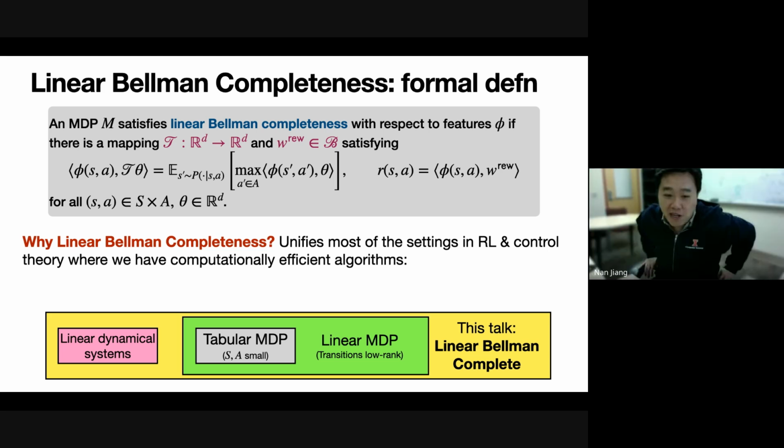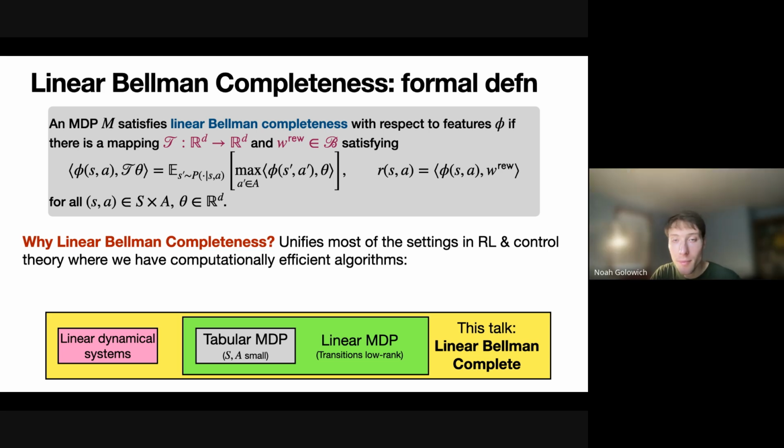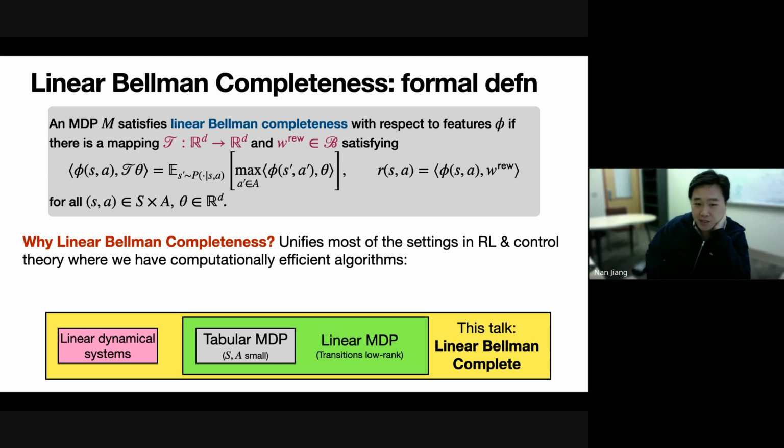Yeah, just to add, there's another canonical example that falls in linear completeness, but is not a linear MDP. This is where you have an MDP that admits a non-trivial bisimulation state abstraction.